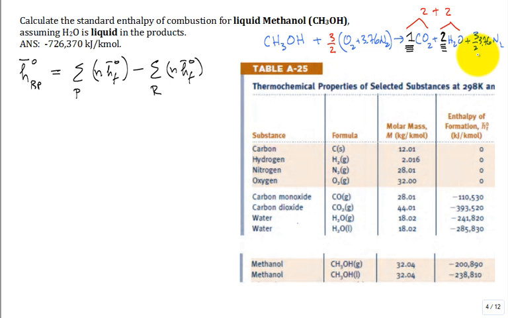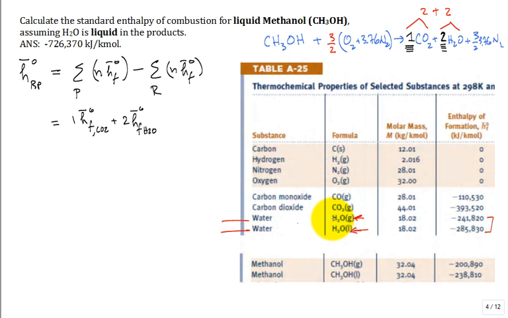Now let's go ahead and say, for each of those products, I'm going to have 1 times the enthalpy of formation for the carbon dioxide. I'm going to have 2 times the enthalpy of formation for the H2O. Now I go slow because I look down here. There's water, that's H2O, that's H2O, but they have different enthalpies of formation because it could be in the gaseous or liquid state.